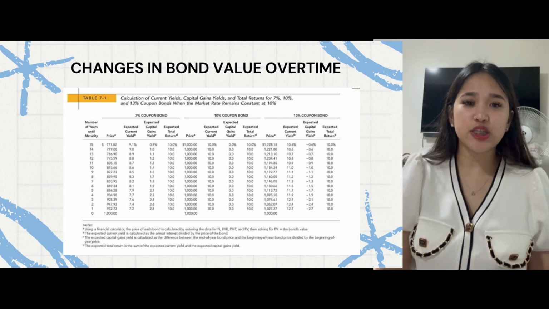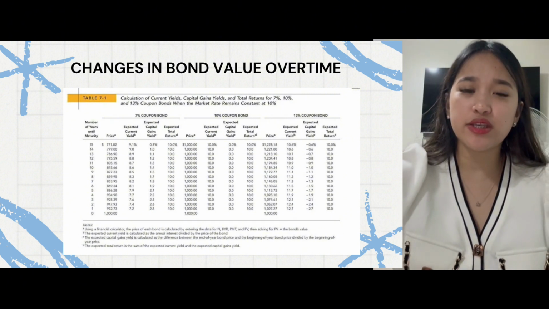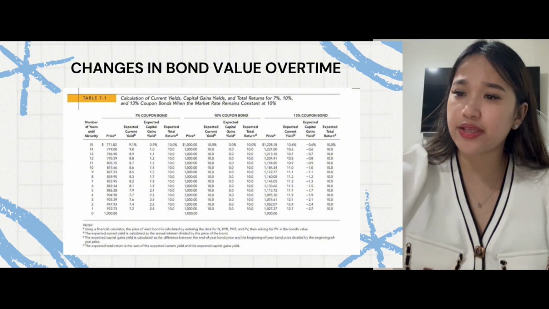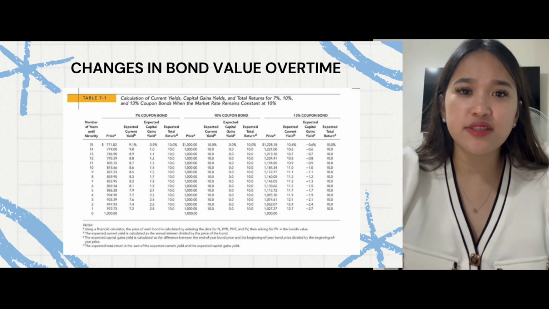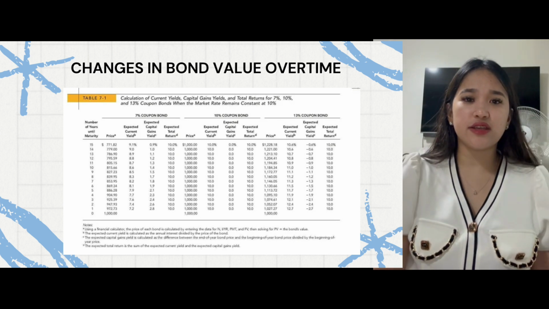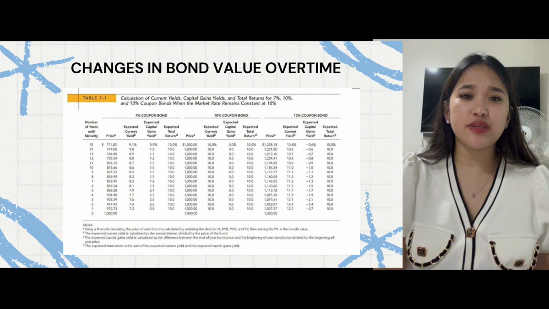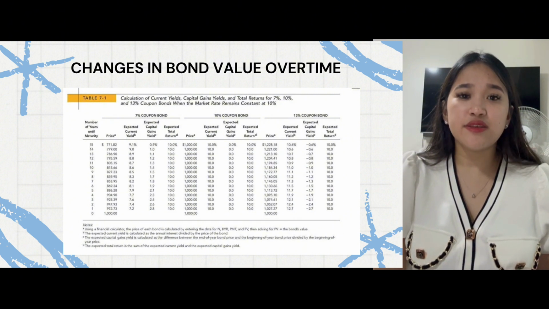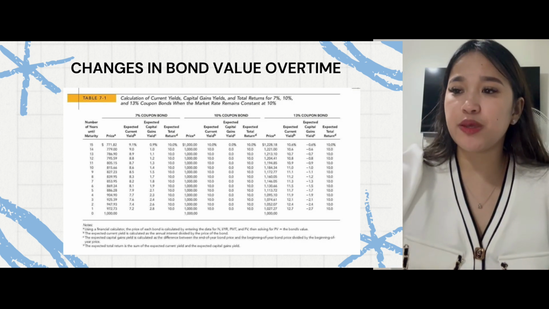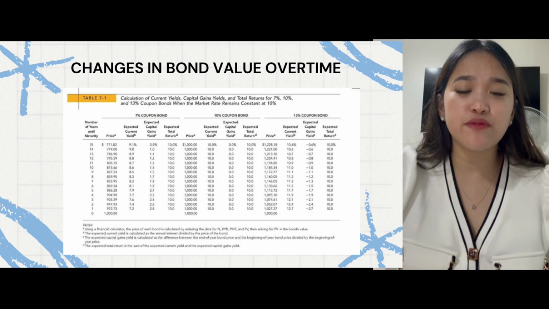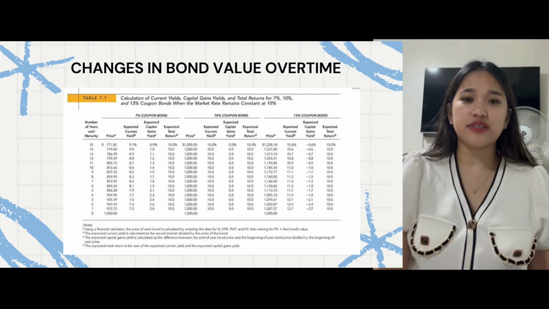The expected current yield is calculated as the annual interest divided by the price of the bond, while the expected capital gains yield is calculated as the difference between the end-of-year bond price and the beginning-of-year bond price, divided by the beginning-of-year price. The expected total return is the sum of the expected current yield and the expected capital gains yield.